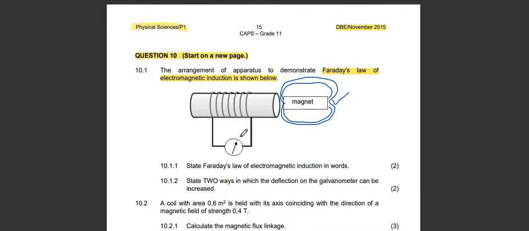The second important thing is this thing over here, and this is what we call a galvanometer. Let me just write it down: galvanometer. What it does is that, using a galvanometer, you are able to detect current.